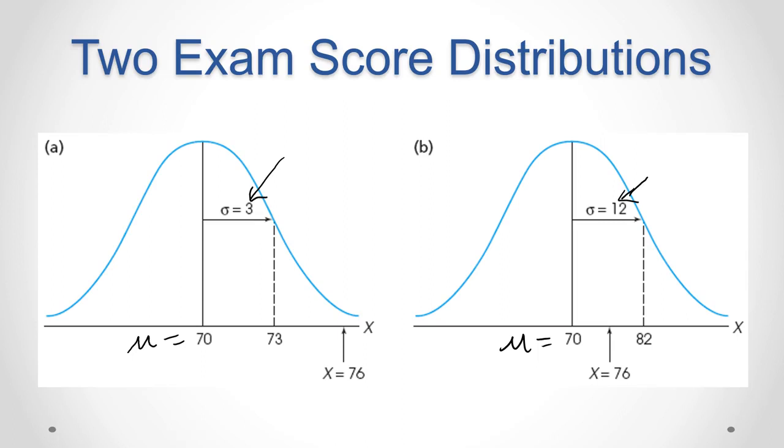Notice how different a score of 76 is for the two distributions. In the first distribution, an exam score of 76 is much further away from its mean of 70. Whereas in the second distribution, the same score of 76 is much closer to its mean of 70.